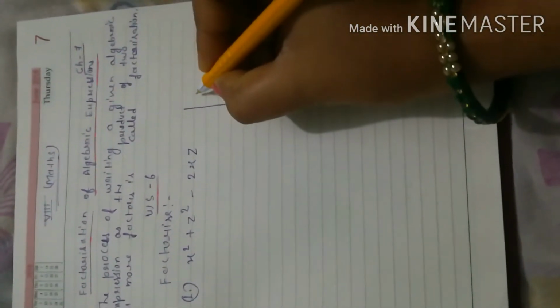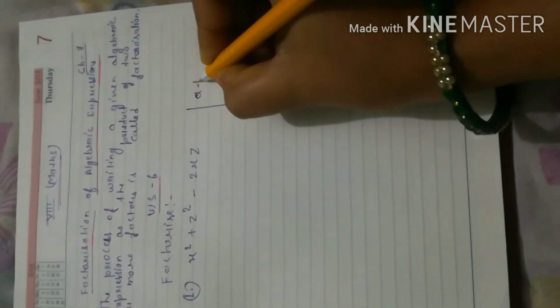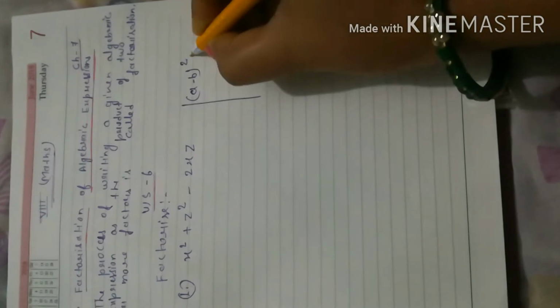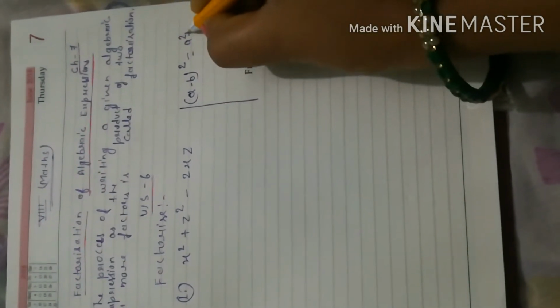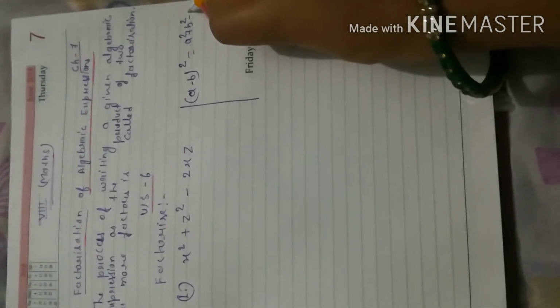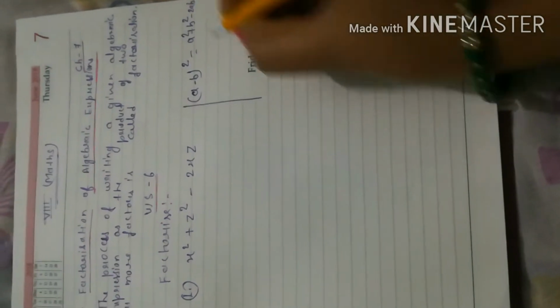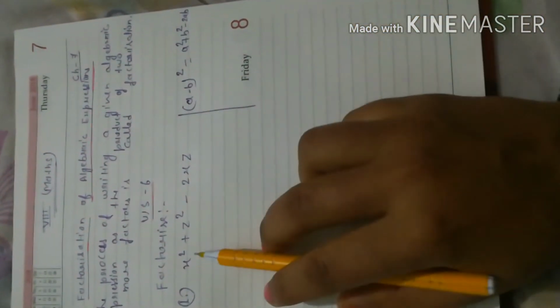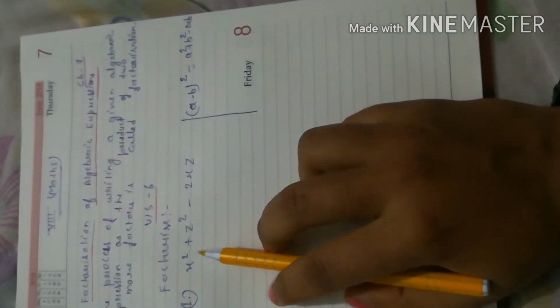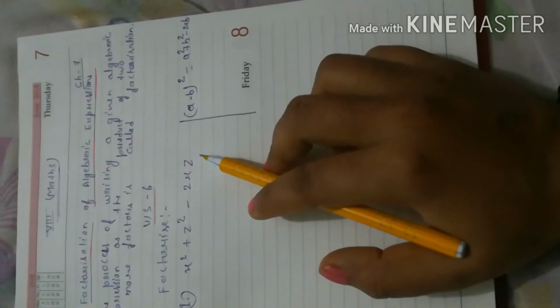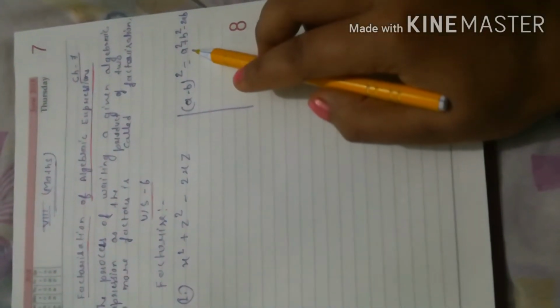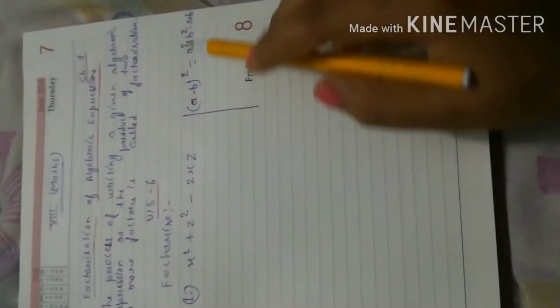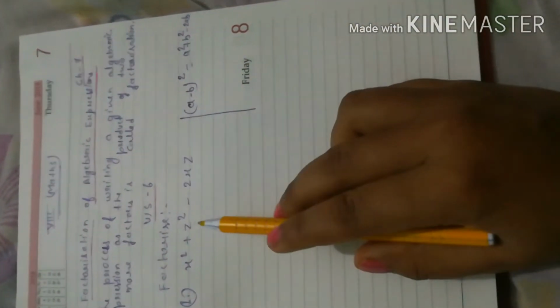All of you know the identity: (a minus b) whole square equal to a square plus b square minus 2ab. See, it is also in the form of x square plus z square minus 2xz. It means at the place of a here given x and at the place of b here given z.